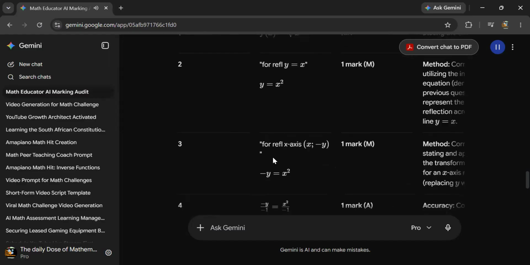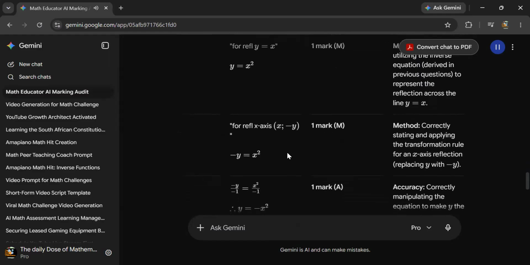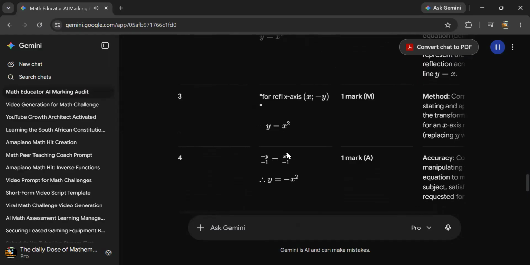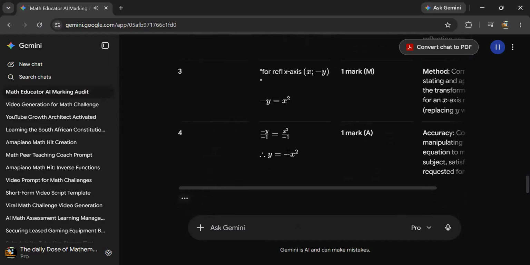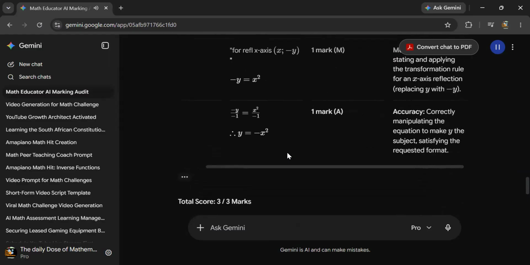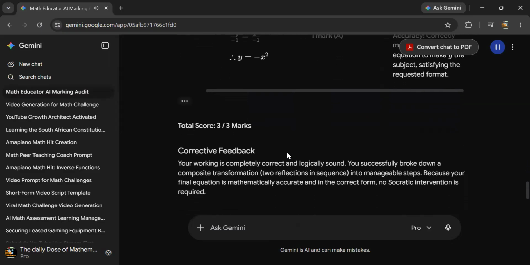Step three: for the reflection in the x-axis, (x, y) goes to (x, negative y), one method mark for correctly stating and applying the transformation rule for an x-axis reflection, replacing y with negative y. Step four: negative y equals x squared, therefore y equals negative x squared, one accuracy mark for correctly manipulating the equation to make y the subject, satisfying the requested format.